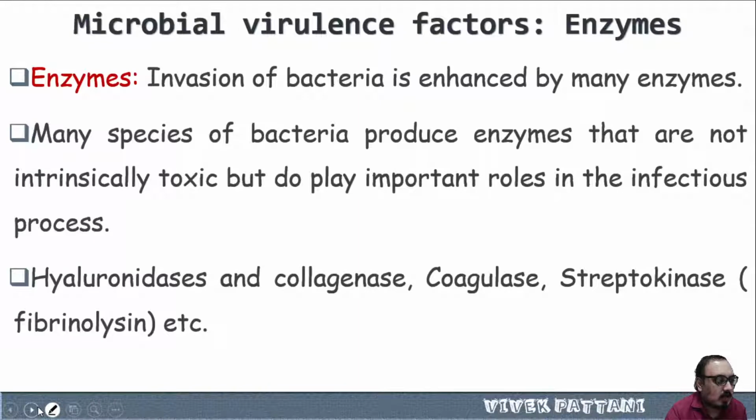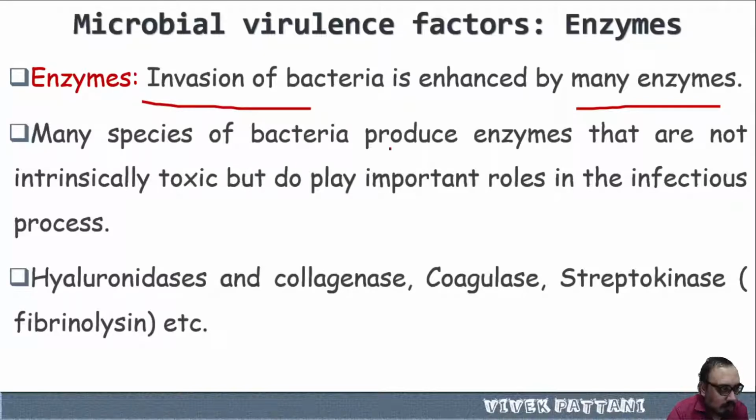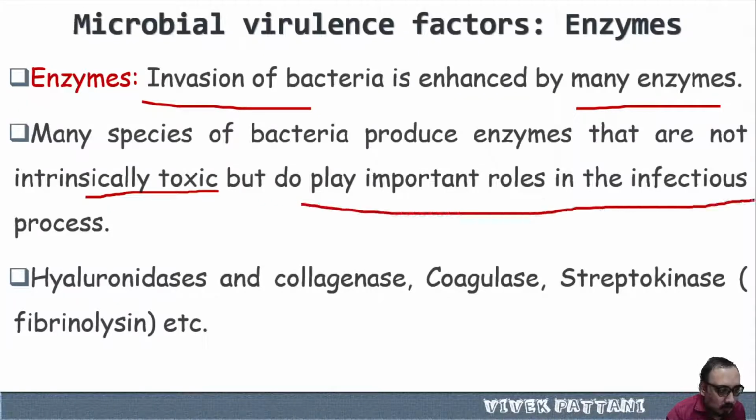So starting with the microbial virulence factors, the first one is the enzymes. The invasion of bacteria is enhanced by various enzymes, and many species of bacteria produce enzymes that are not intrinsically toxic but do play an important role in the infectious process.